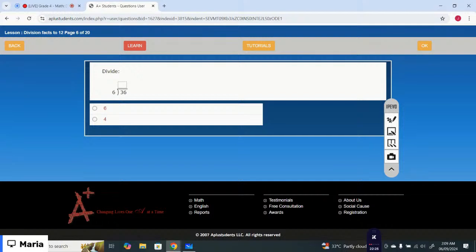36 divided by 6, which is the correct option? So 6 times 6 is 36.